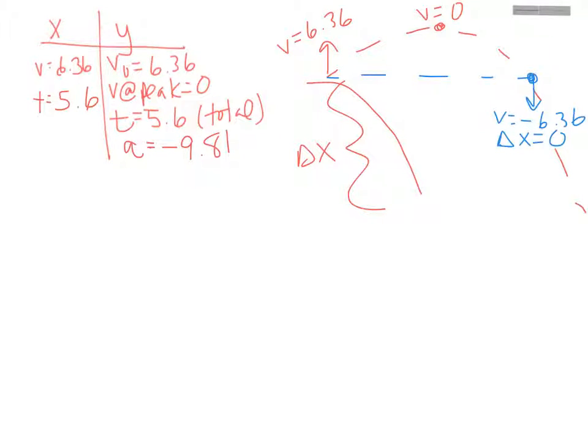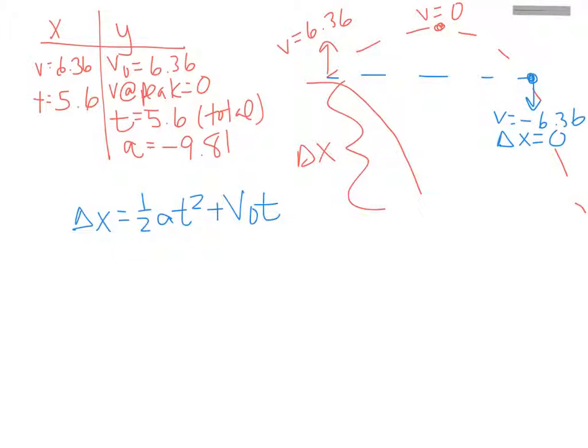It's going to go up a certain amount of distance and come back down, and it's at the exact same point. So that overall displacement is 0. So that can help me solve, because the rest of the way it falls down is just the height of the cliff. So I can just use this equation to solve for the height of the cliff.